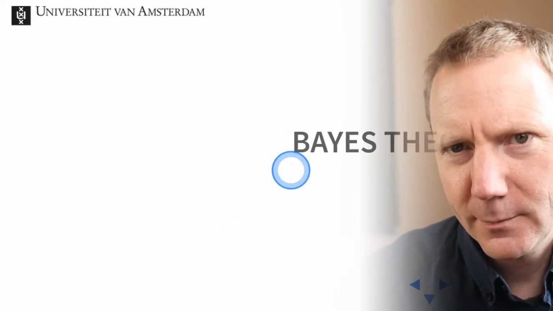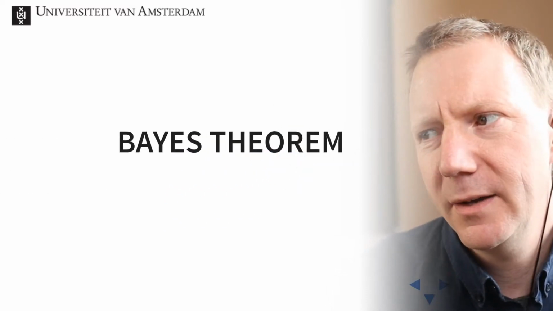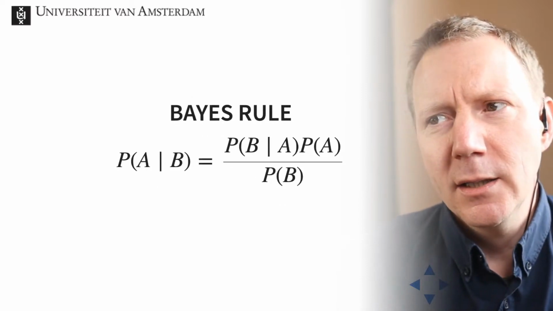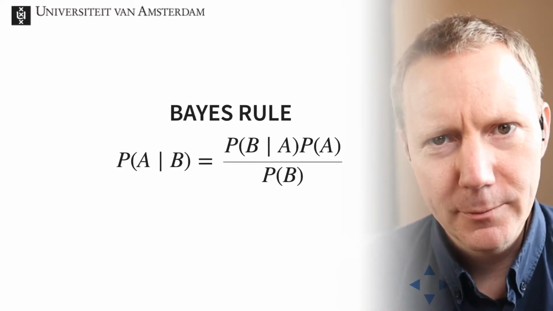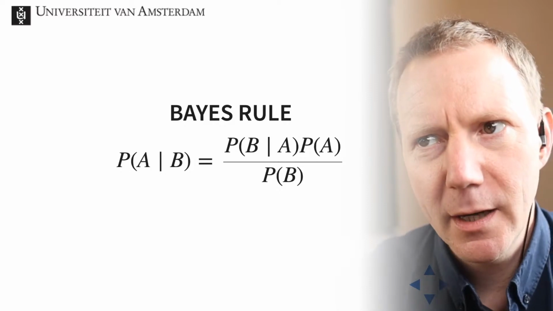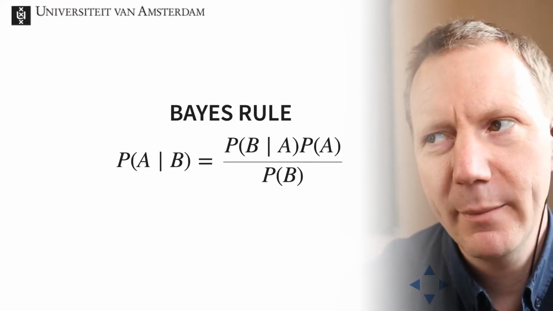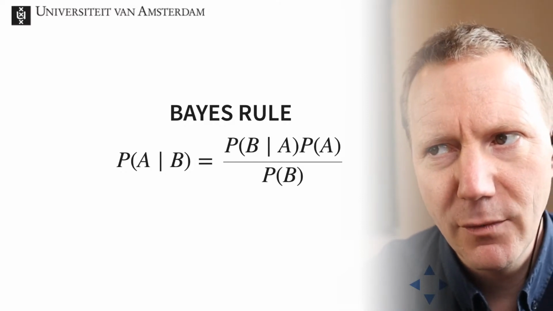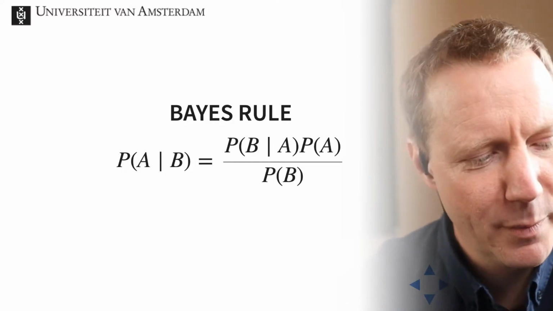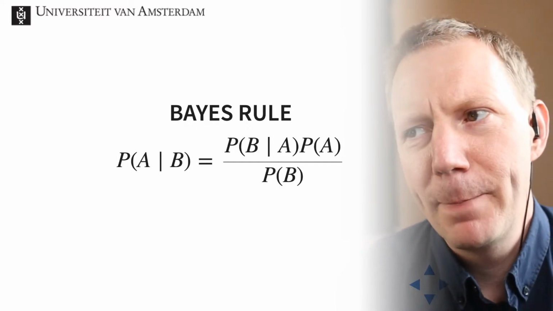Okay, so let's dive into Bayes. Roeland discussed this with you, right? The probability of A happening given that B happened. This is the fundamental part of Bayesian statistics.